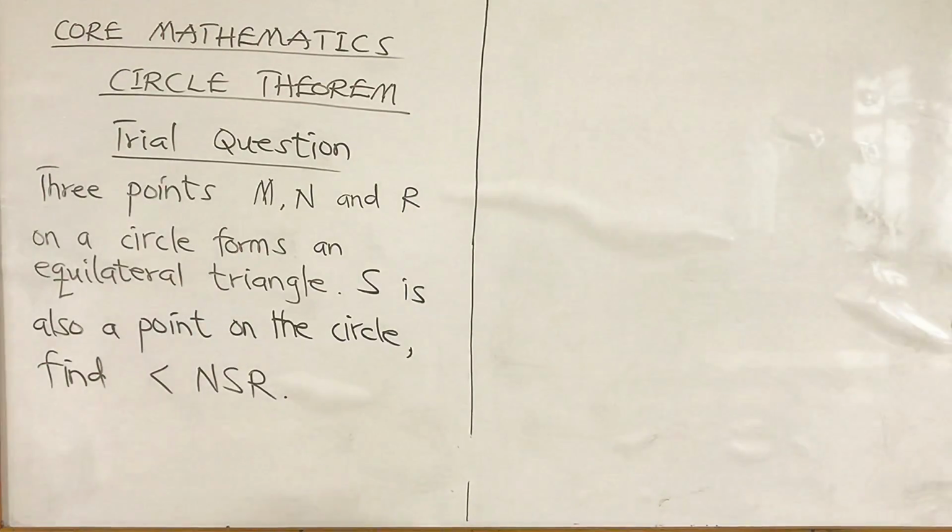Three points, N and R, on a circle form an equilateral triangle. S is also a point on the circle.